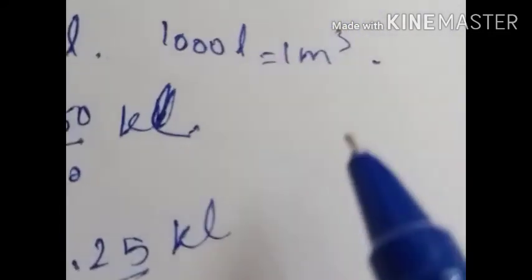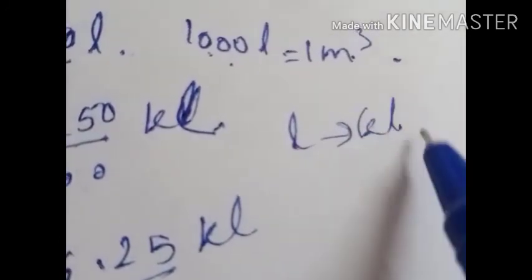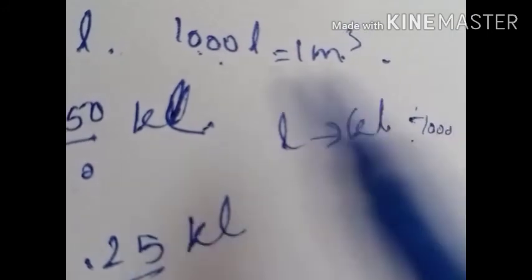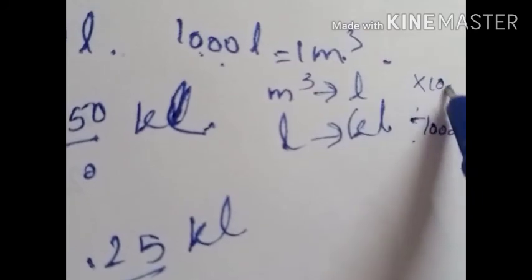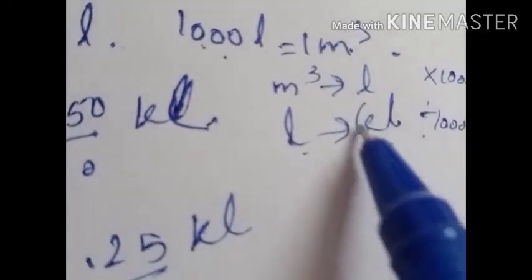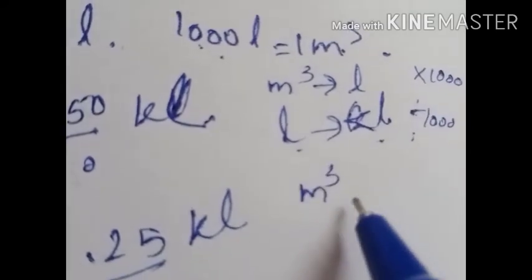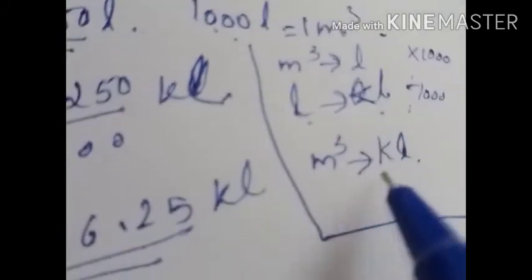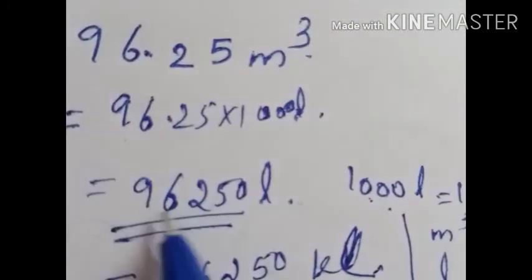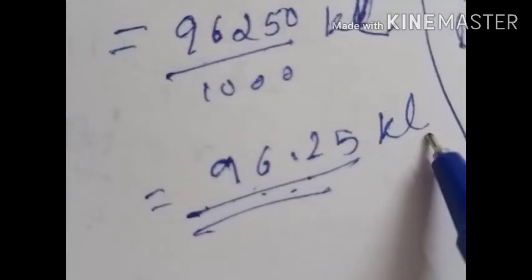From this you can understand that meter cube to liter, multiply by 1000, then liter to kiloliter, divide by 1000. So meter cube to kiloliter, no need to do any operation. So 96.25 meter cube is the same as 96.25 kiloliter.